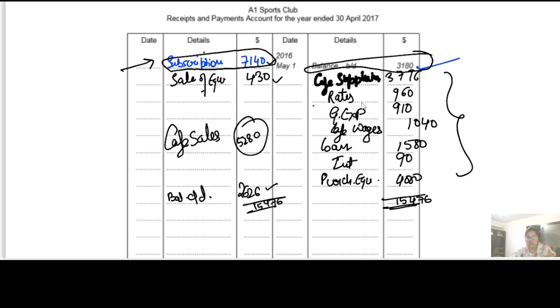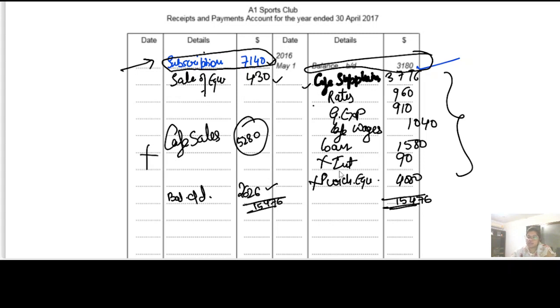Then cafe suppliers, yes, this is going to be recorded. Then assets you are not going to record. Purchase of equipment, we are not going to record this information. Proceeds from sale, whatever we got from cafe sales we are not going to record, because the cafe is a different business. Repayment of the loan we are not going to record, but interest we are going to record.